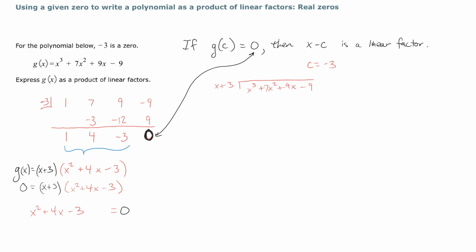I am actually going to complete the square here. So x squared plus 4x is now equal to this 3 over here. I need to add something to both sides and complete the square as well. So take this 4, divide by 2, we get 2, square it, we get plus 4, because 2 squared is 4. So I'm going to add 4 to both sides.